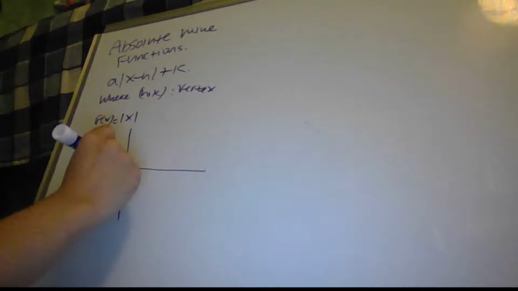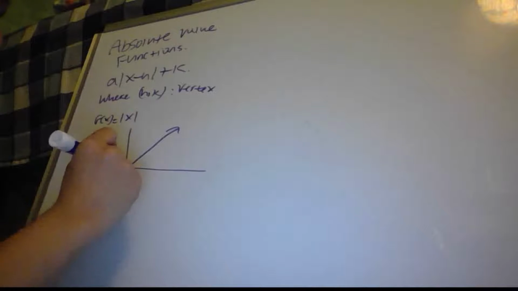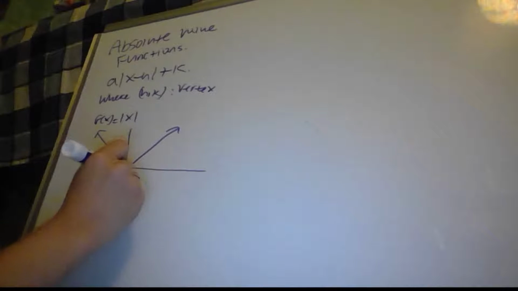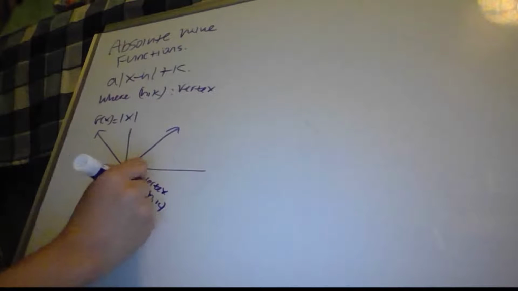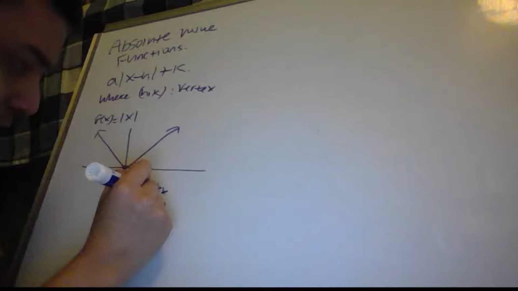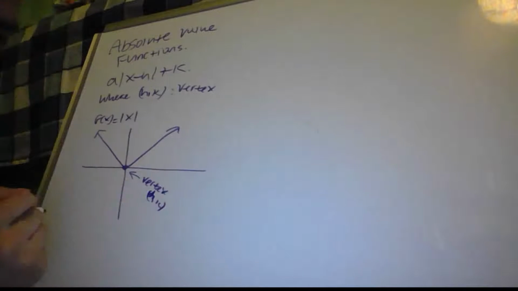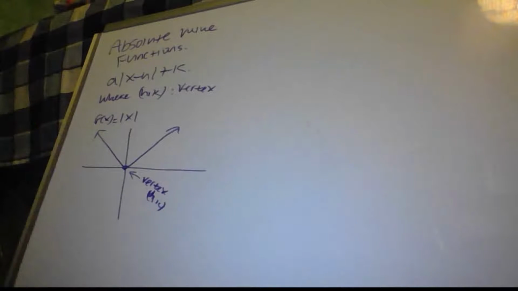That means that if we have an absolute value function, for example, the absolute value of x, this point here is your vertex, h, k, right? That's how it would be.